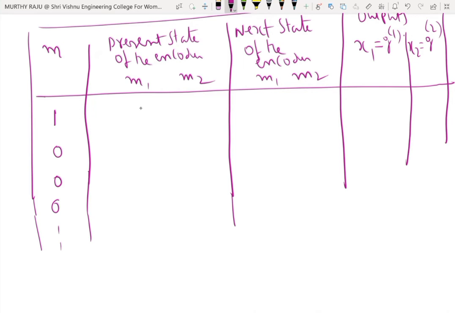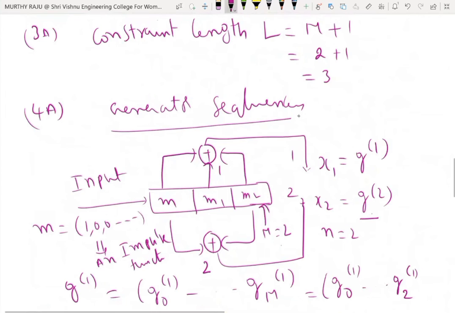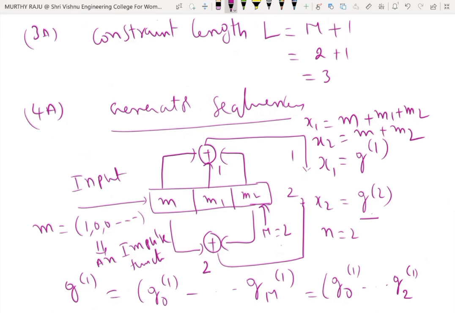Initially, the present state of the encoder is the clear state, M1 and M2 equal to 0. Here, X1 is equal to M exclusive or with M1 exclusive or with M2. And X2 is equal to M exclusive or with M2.